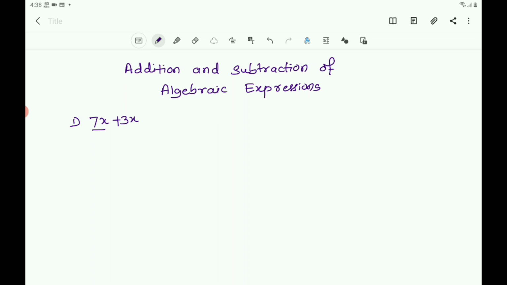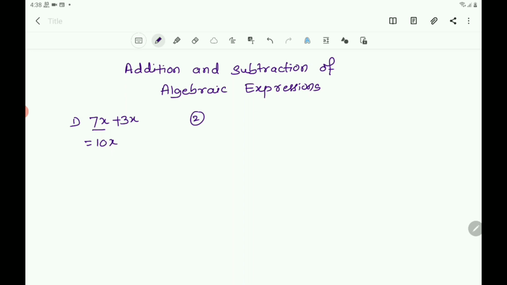The second term has the coefficient 3. So (7 plus 3) into x, that is 10x, you will get. Or otherwise you can directly write 7 plus 3 is 10, x. 7x plus 3x is 10x.